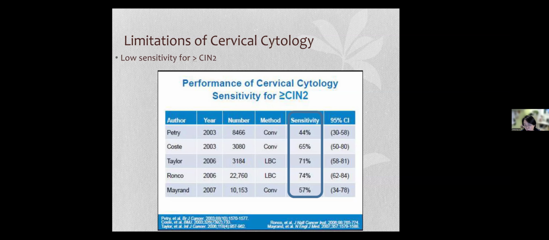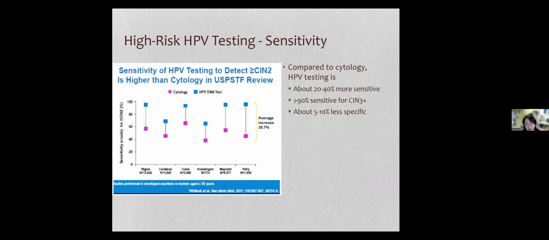It's from 44 to 74%. In contrast, later on, high-risk HPV testing got introduced. The sensitivity increased dramatically. It's over 90% sensitivity for CIN3, and CIN3 is what we try to catch before it becomes cancer.